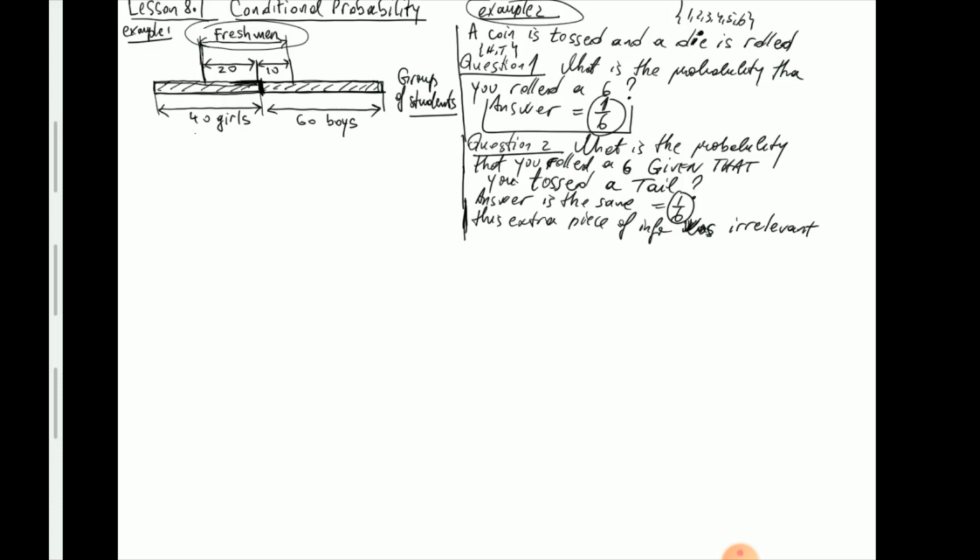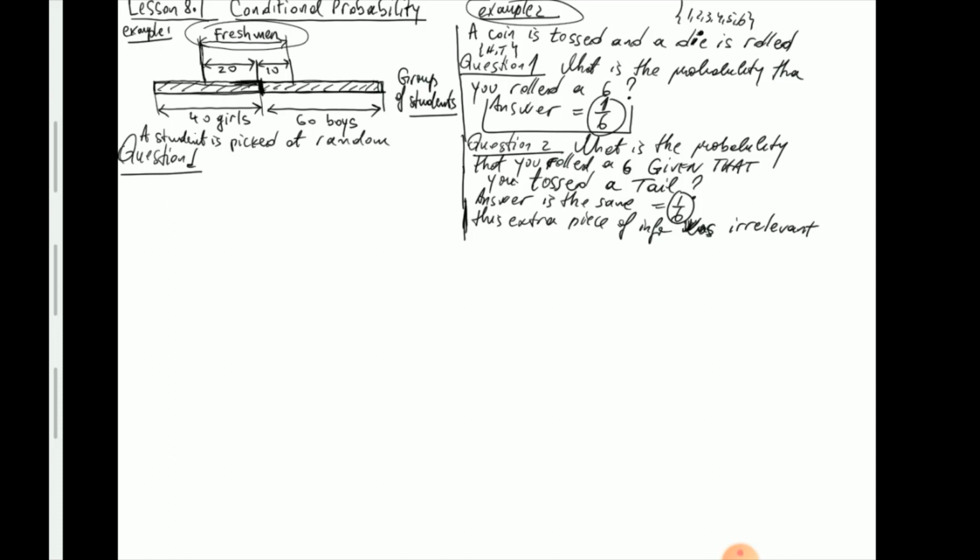So I indicate this freshmen group, this overlap with both girls and boys: 20 of them are girls, 10 of them are boys. And in this case, I'm going to ask again two different questions. I did mention the experiment, but let's say a student is picked at random.